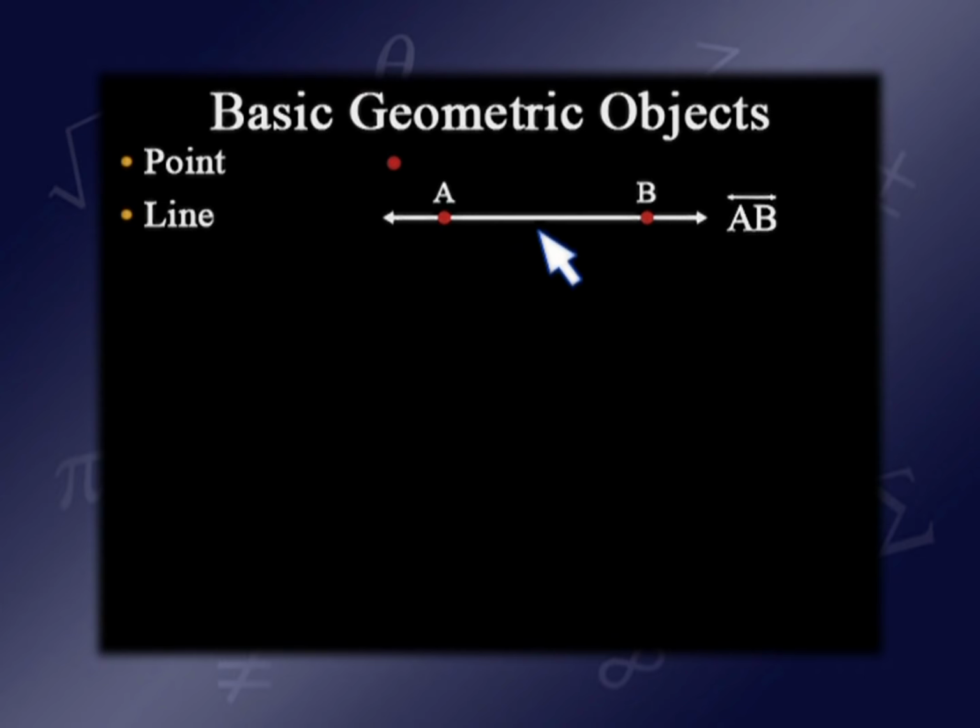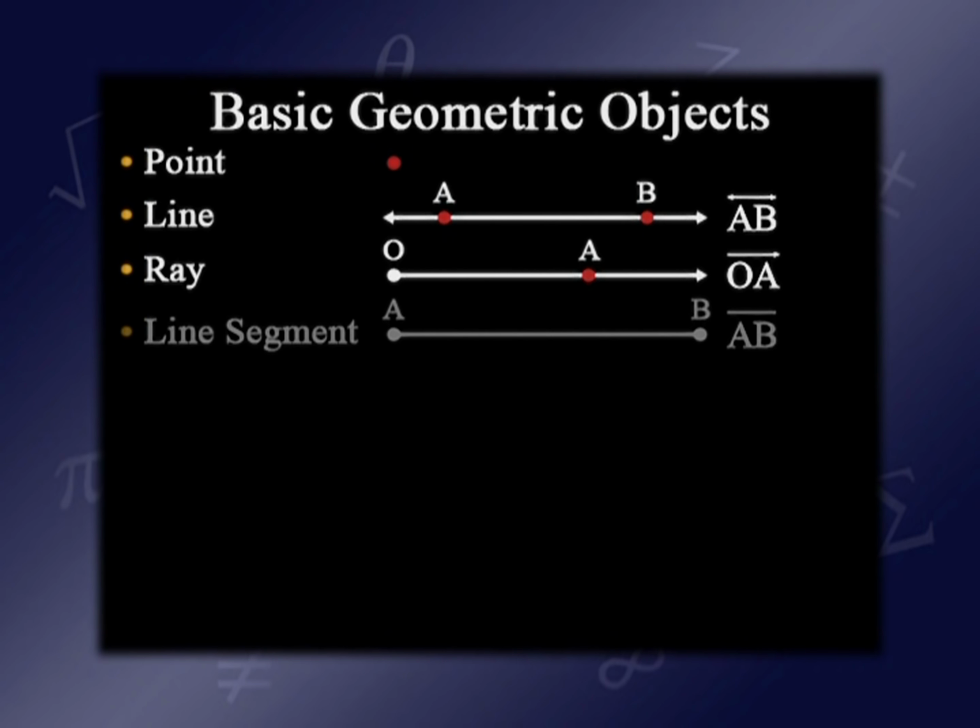So here's points A and B, and there's the line that goes through A and B. A ray, which is denoted here as OA, you can think of as, say you had a flashlight at O and you pointed it at A, you could look at the line that starts at O and goes through A and indefinitely beyond, but it only moves indefinitely in one direction. A line segment simply starts at A and ends at B.